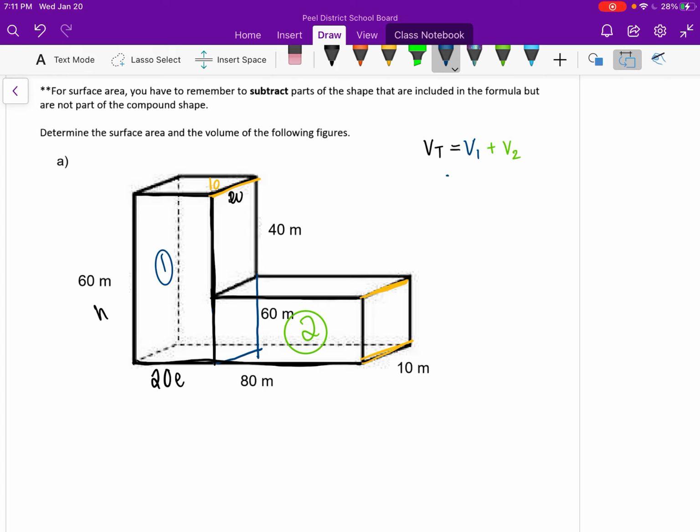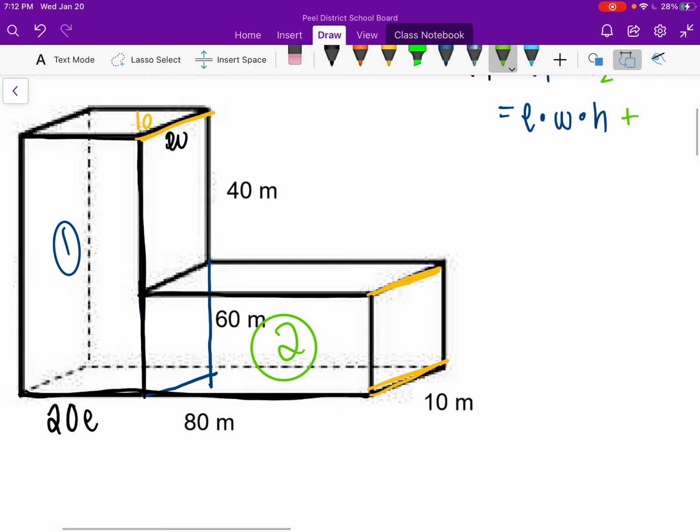So for my blue box, my length times width times height is my volume, right? And it's plus, for my green, I know that I have this right here. That is 60 because it's right here at the top too. I know this is 10. And I just want to know what this is.